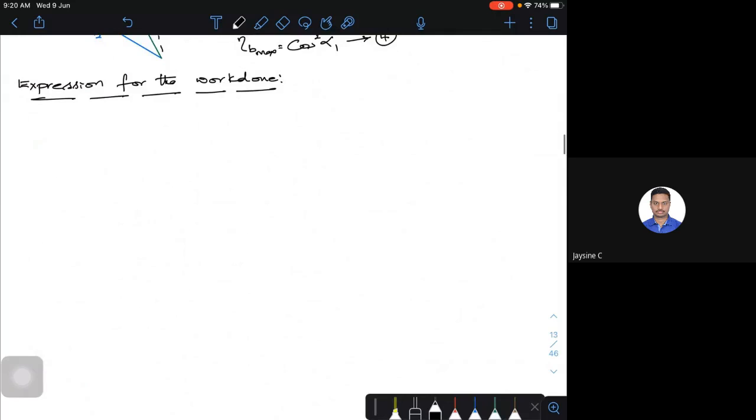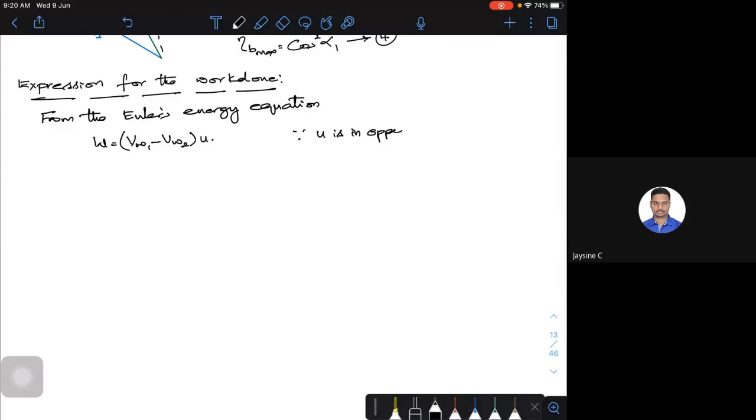From the Euler's energy equation, we have work done given by W is equal to VW1 minus VW2 into U. Because VW2 is in the opposite direction to U, it is actually minus VW2.